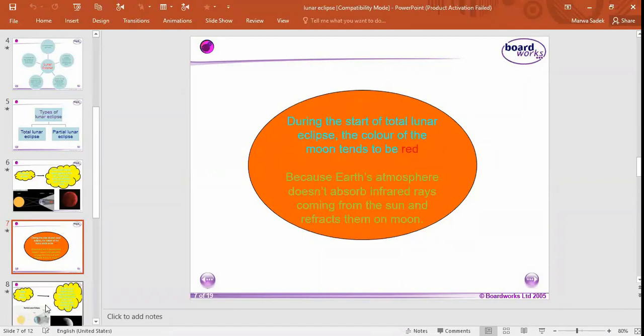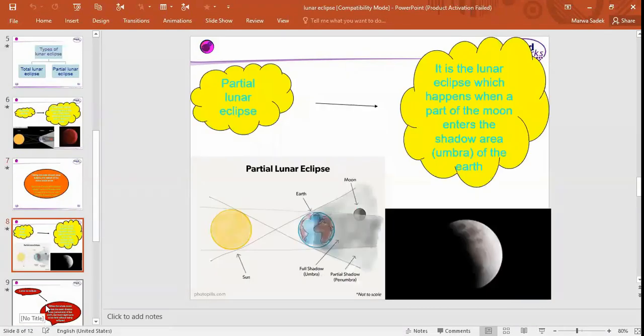Okay? What about the partial lunar eclipse? If you look here, this is the sun, this is the Earth, this is the moon. Here, the moon is not entirely in the umbra. Only part of the moon is in the umbra and the other part is in the penumbra.